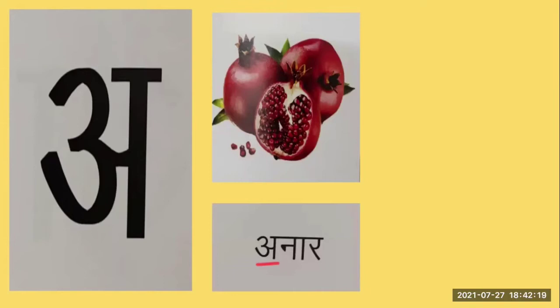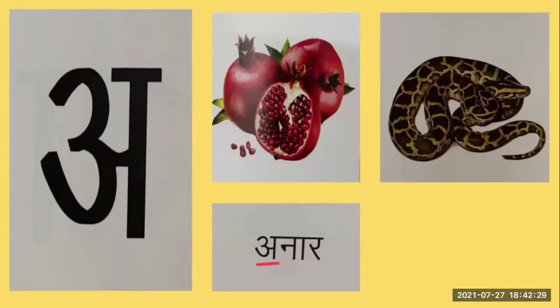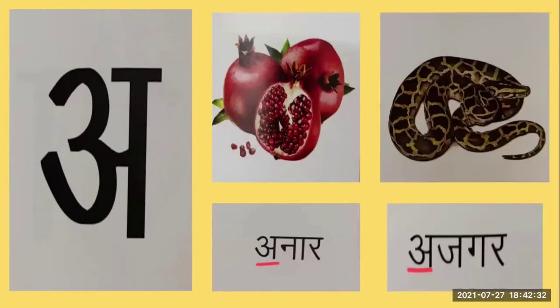The second word is A se ajgar. Ajgar means a snake. The first letter is A, and the two words we saw were A se anar, A se ajgar.